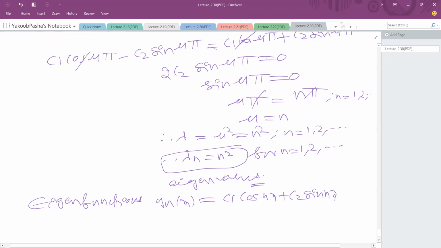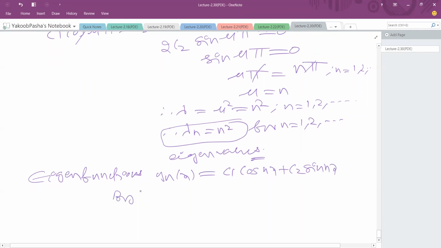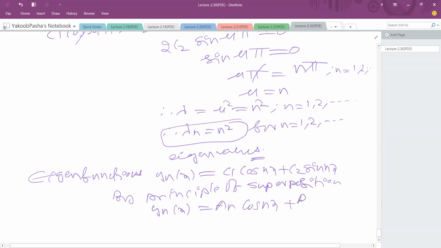We can apply the principle of superposition. Yn of x is equal to, in place of C1, I'm taking an cos nx plus bn sin nx. We mention the arbitrary constants also with an index.